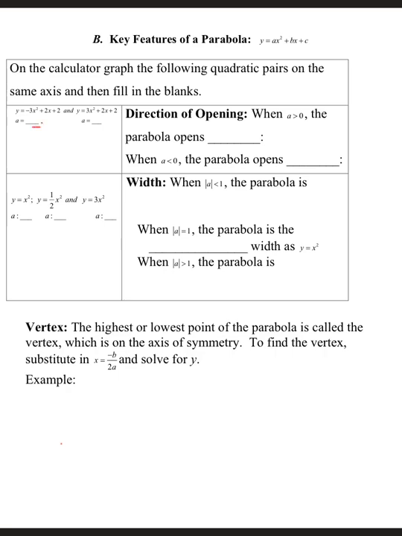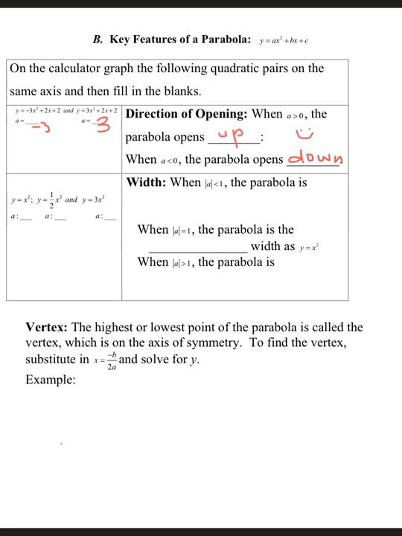Here, a equals -3. Here, a equals +3. When a is greater than 0, meaning it is positive, the parabola opens up. When a is less than 0, the parabola opens down. One way you can remember: when a is positive, the parabola behaves like a happy face.